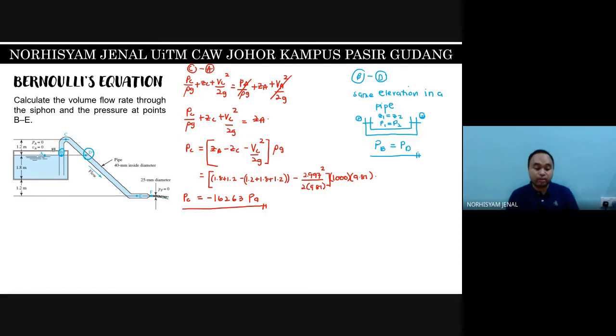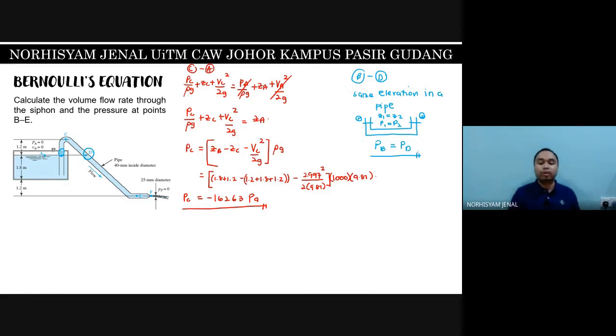But since we are using the idea from fluid statics, which is that pressure at the same elevation should be the same, as long as it is in the same condition, which is for this example, both of them are inside a pipe. Okay, so PB should equal PD. So that will solve the problem for B and D.